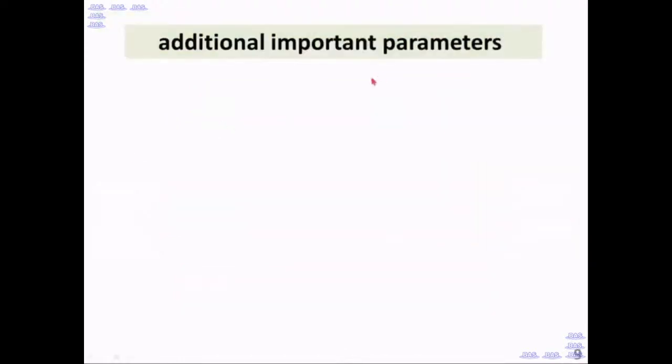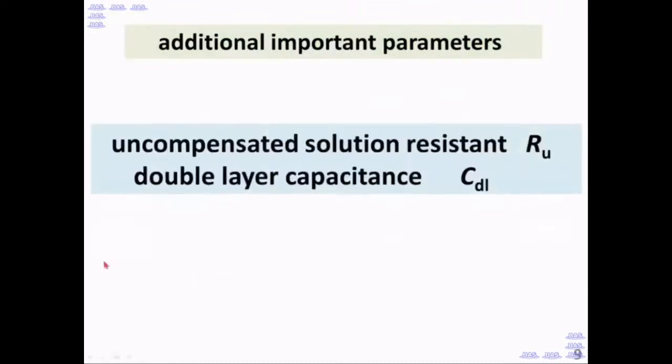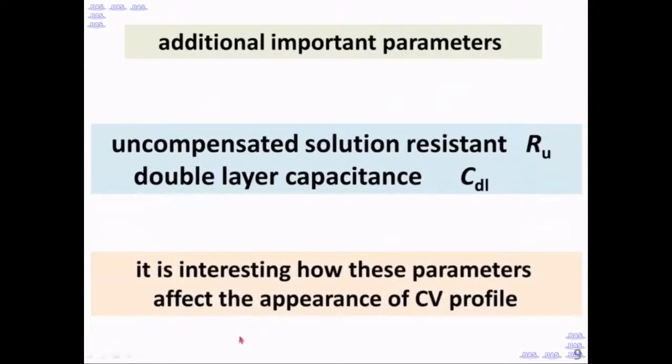Additional important parameters are uncompensated solution resistance, RU, or double layer capacitance, CDL. These parameters we cannot recognize suddenly from CV. We just estimate uncertain values. It is interesting how these parameters affect the appearance of the CV profile.